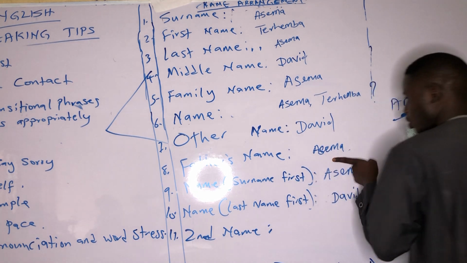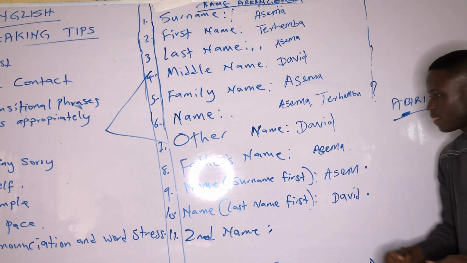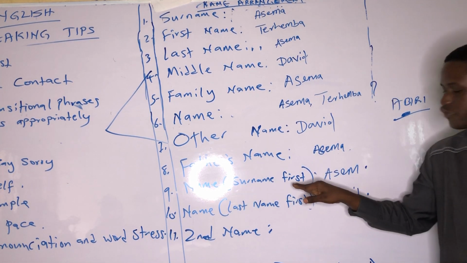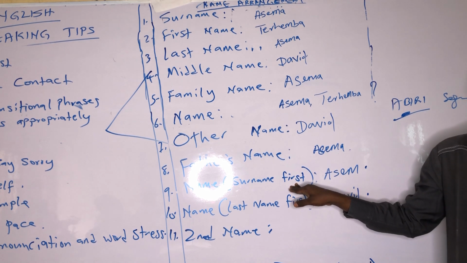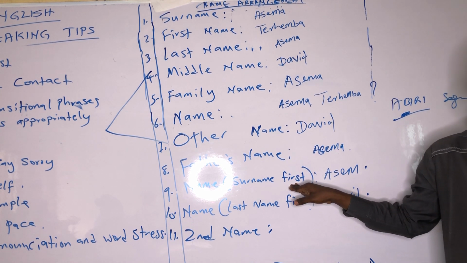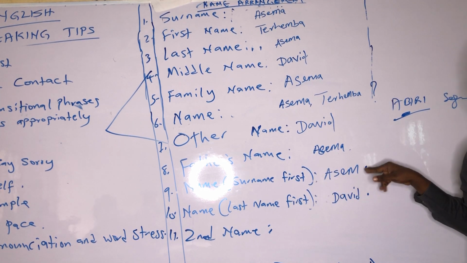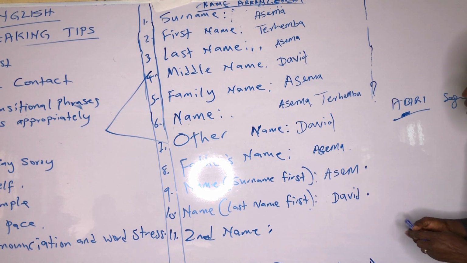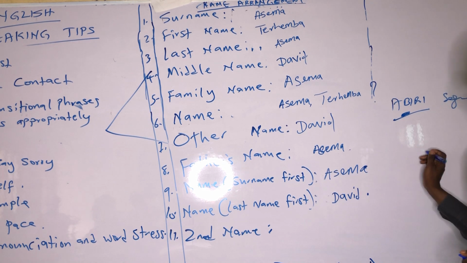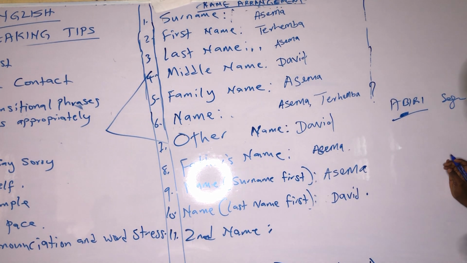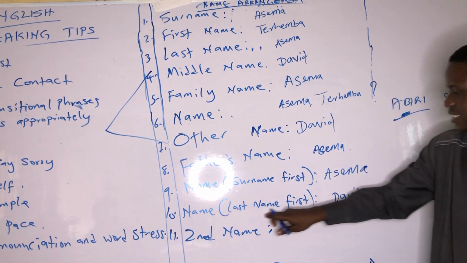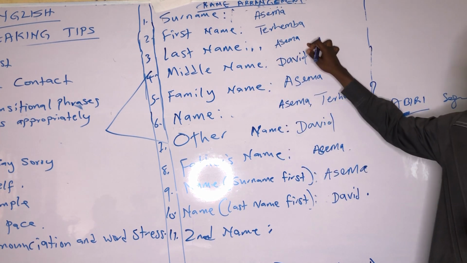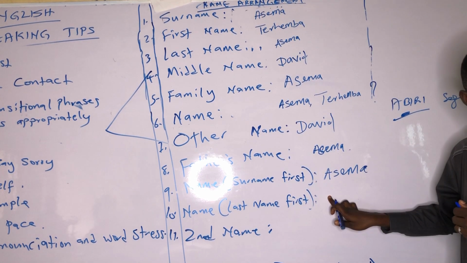So we have father's name, correct? Name. They said surname first. It means that after you write your surname first, you should write your other names alongside. So now write Asma, Temba, David. Write it in full. Here they say name, last name. What is last name here? Asma. So write Asma again.